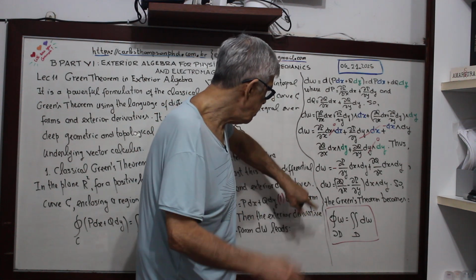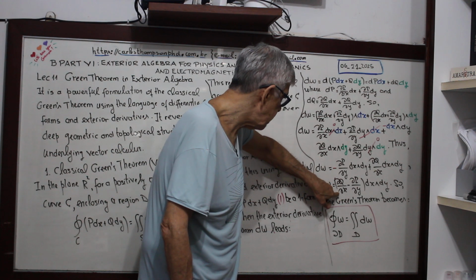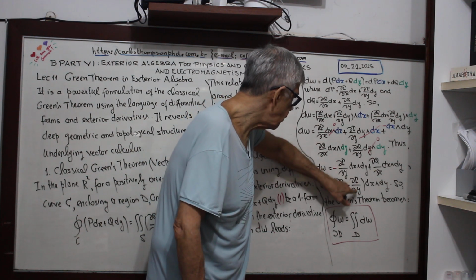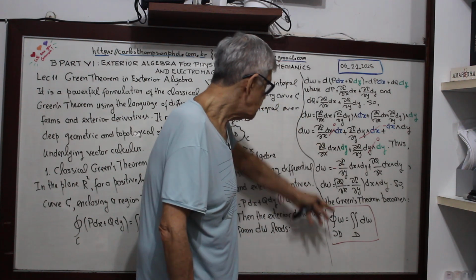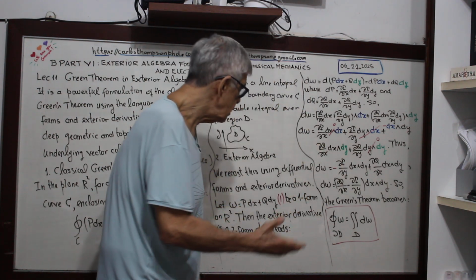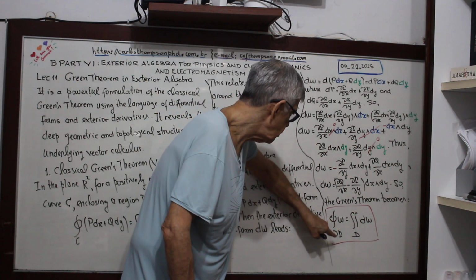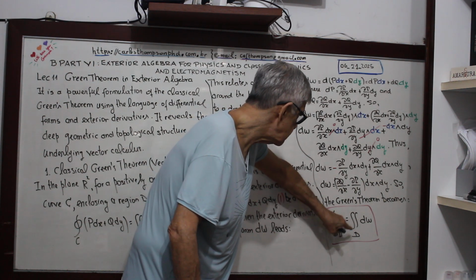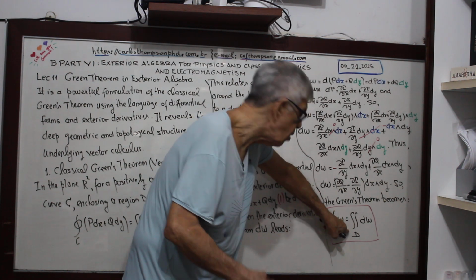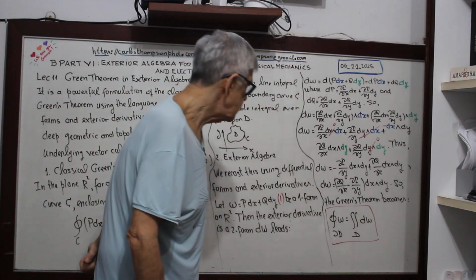So I can group: the derivative of Q with respect to x minus the partial of P with respect to y, dx wedge dy. So you can see clearly that this line integral on the boundary of the region equals the surface integral, in this case a plane integral, of d omega. So that's Green's theorem.